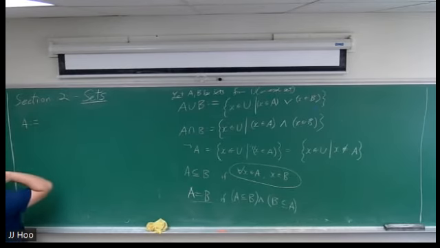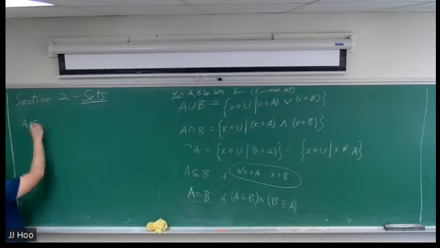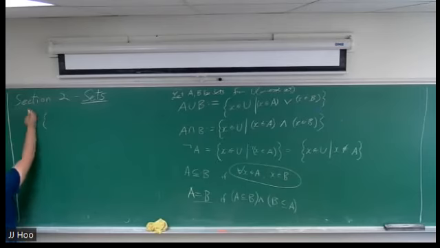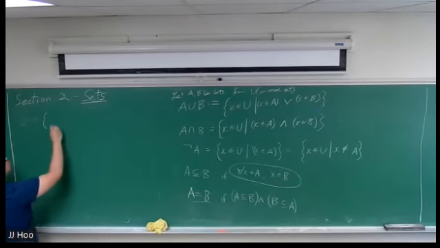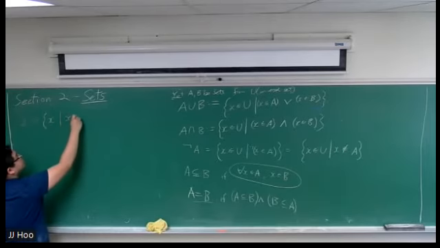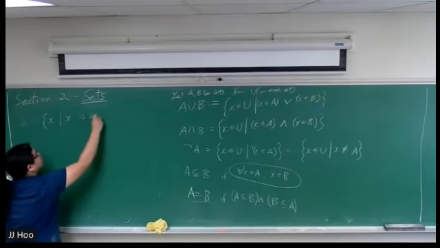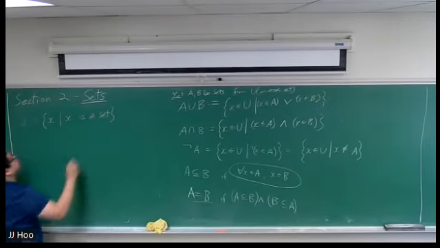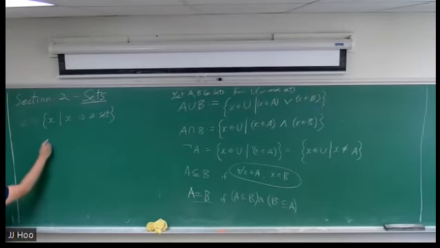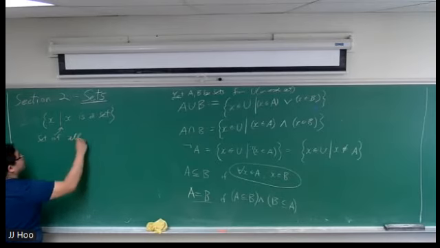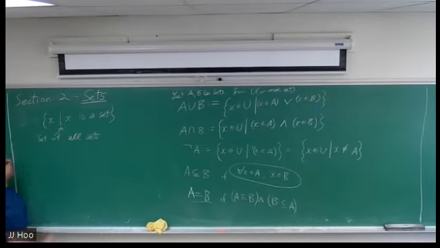So let A be defined as the set containing all, I'm not even going to define this. We'll be very loose. We're going to ask the question, can I have a set of all sets?